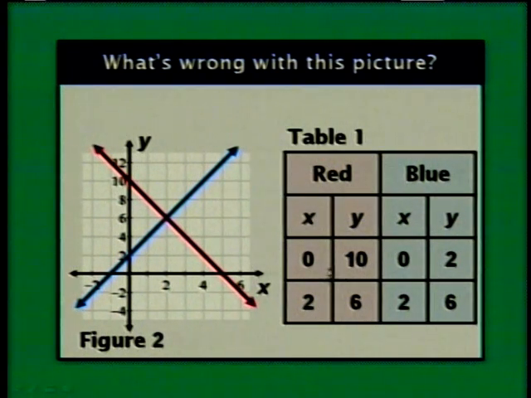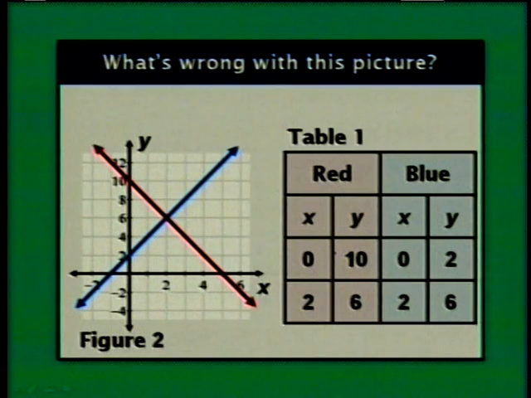On the red line, we have the point (0, 10). We also have the point (2, 6). (2, 6) is the point of intersection between the two lines, so (2, 6) is also on the blue line. On the blue line, we also have the point (0, 2). Let's use all these points to figure out what the slopes of the two lines are.